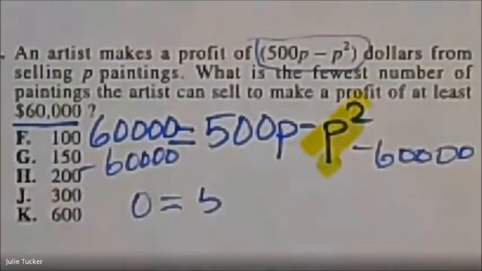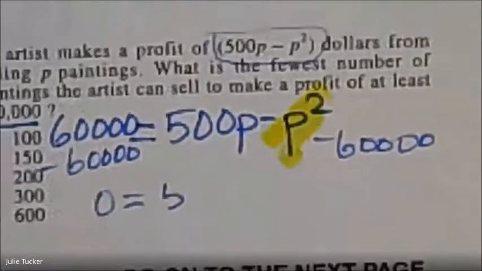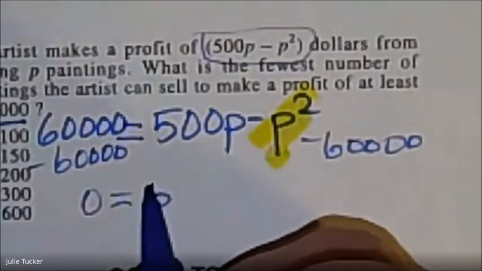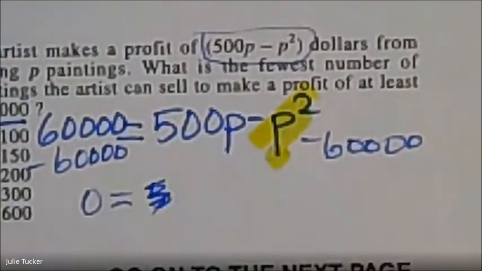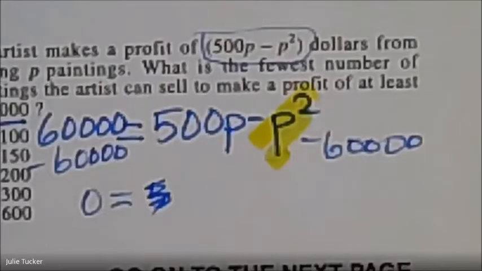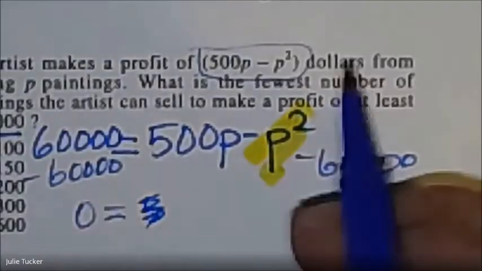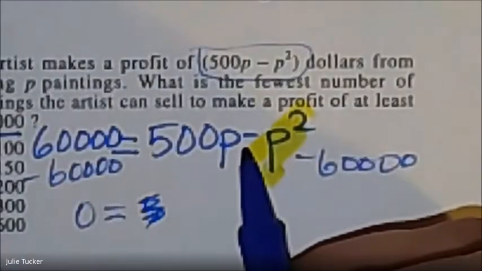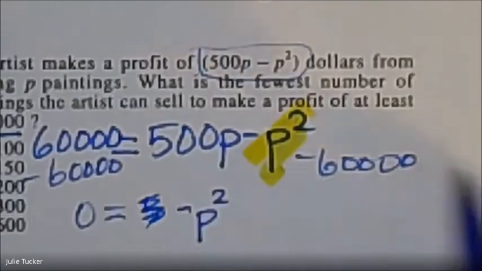Now, if I'm going to put this whole thing in standard form, what goes first? You forgot? Yes, and it has this sign on it. Negative. Yep, negative P squared, then what?